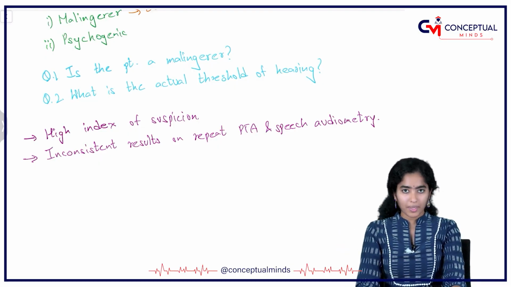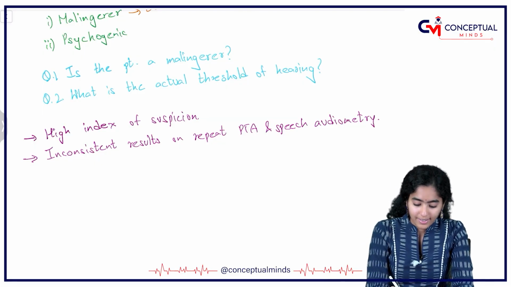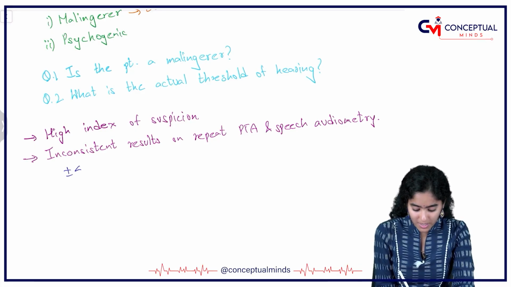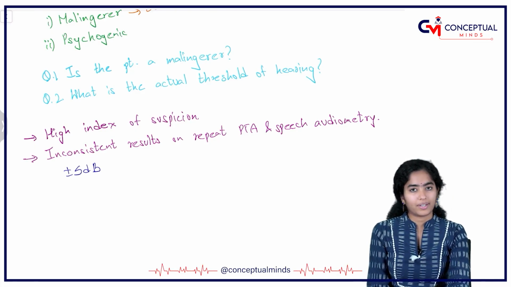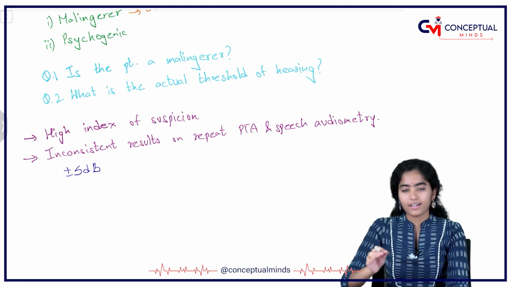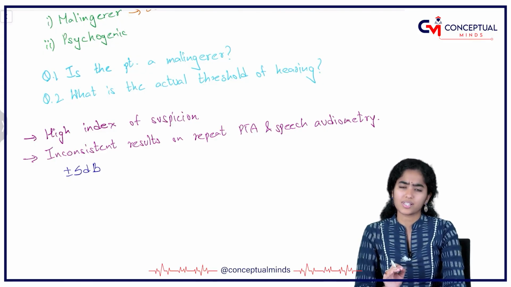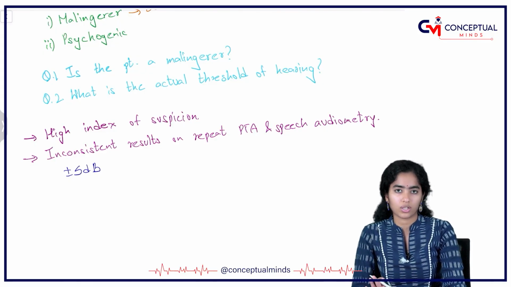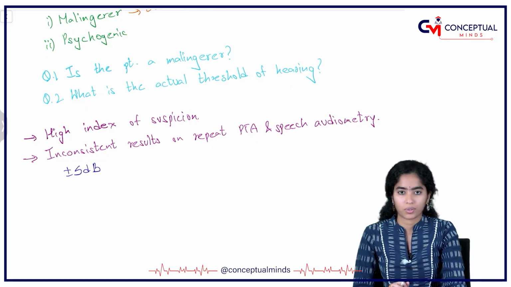Now, in a normal patient also, a genuine case of hearing loss also, there is a variation of 5 decibels. If you repeat pure tone audiometry in any person, you might not be able to reproduce the exact chart, nor will the patient be able to give the same result. 5 decibels plus or minus is acceptable, and it happens, it is normal.